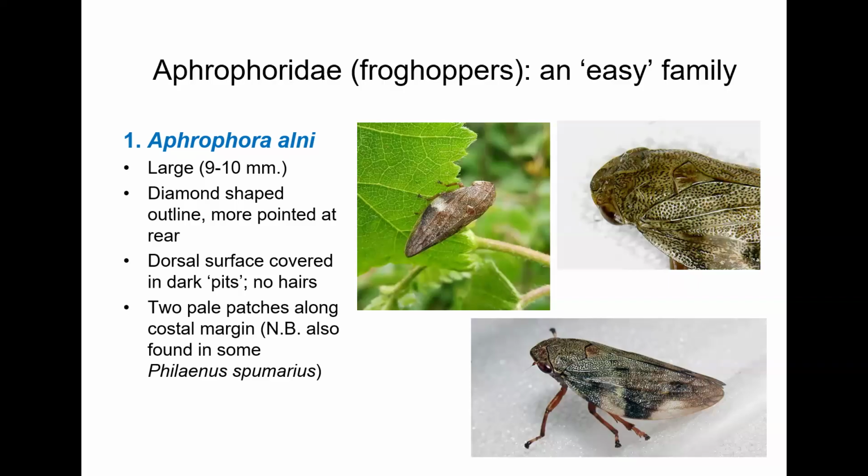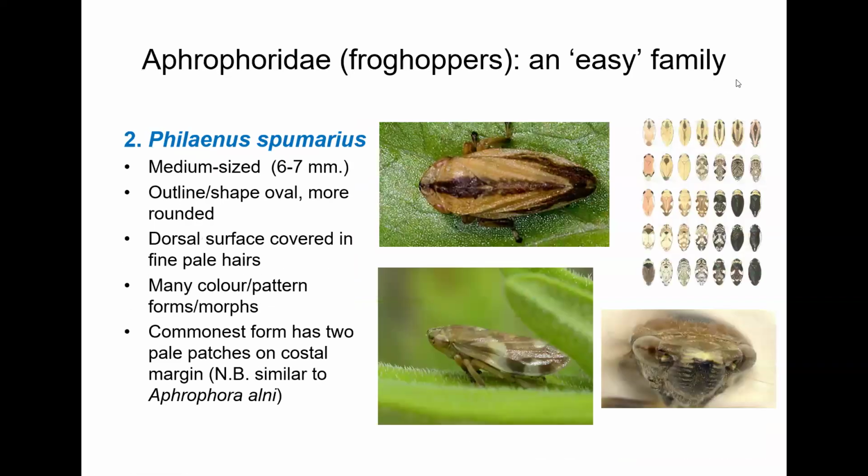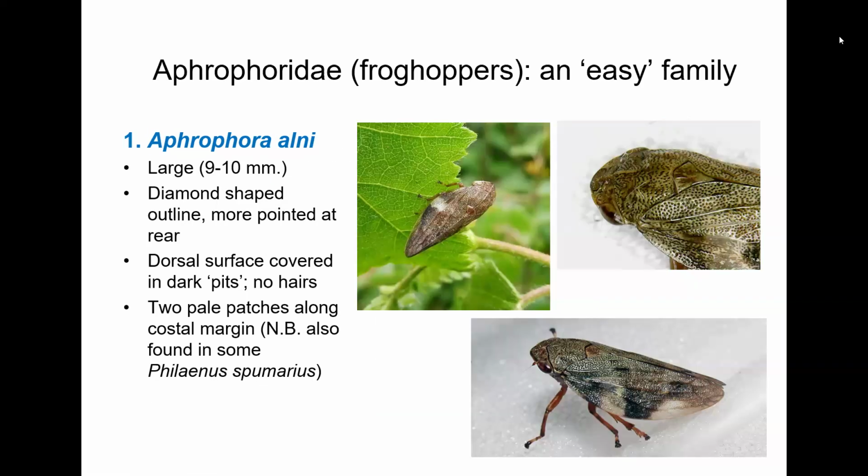The whole of the dorsal surface, you can see in the top right there, is covered with little black dots, which are in fact tiny pits, which is very distinctive. And they also have two pale, sort of thumbprints on the side of the wing, on the leading edge of the wing. So that's the largest of the three species.